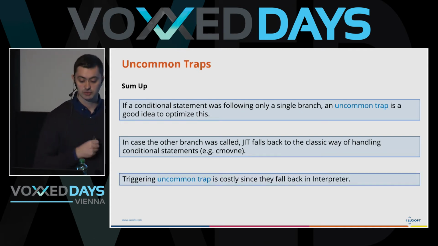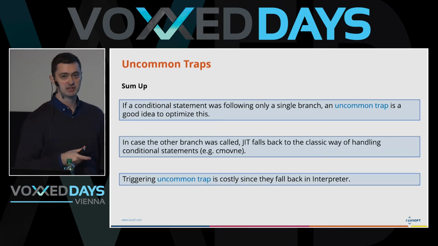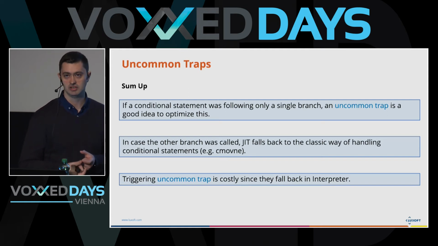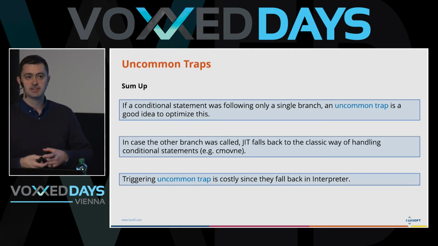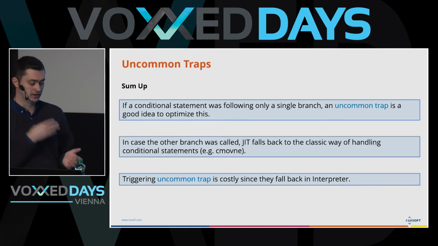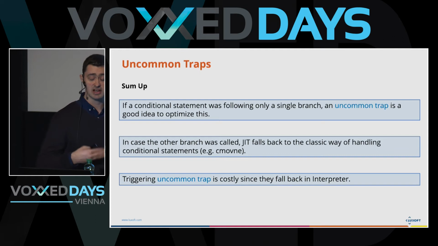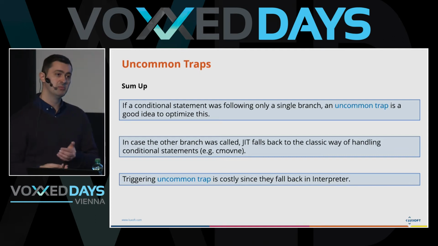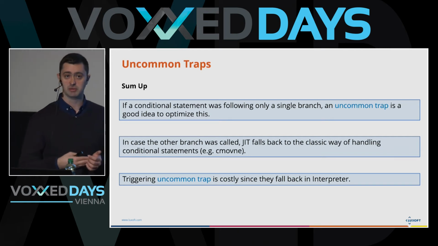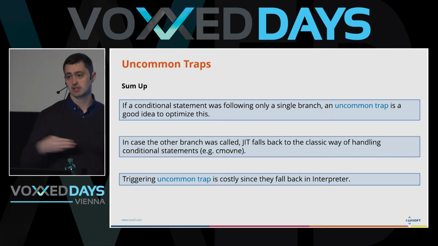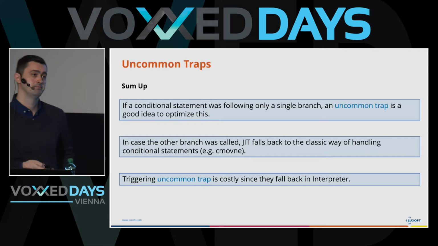And just to summarize, the uncommon traps are a good solution to optimize the code during the runtime. But while the thread is hitting the uncommon trap, it's costly. It's costly because it has to deoptimize, it has to bail back into the interpreter and start the execution in the interpreter.